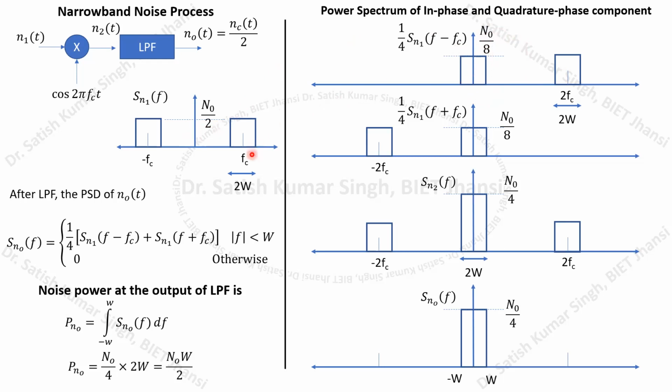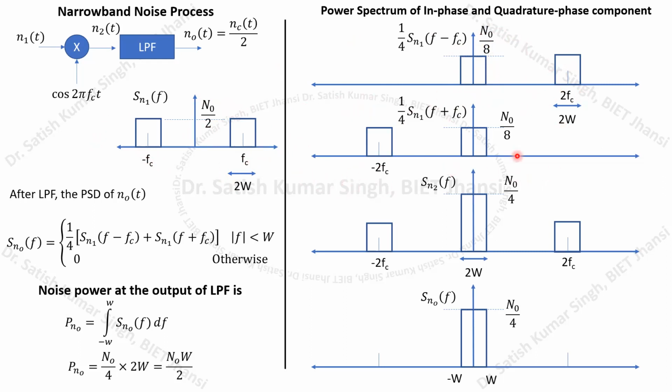Similarly, we can see that because it is centered around FC, and if it is delayed by FC amount, this is going to be shifted around 2FC. So this is the spectrum around 2FC, and this has to be shifted around the zero axis as well. Similarly, if you make a left shift, you are going to get this particular spectrum.